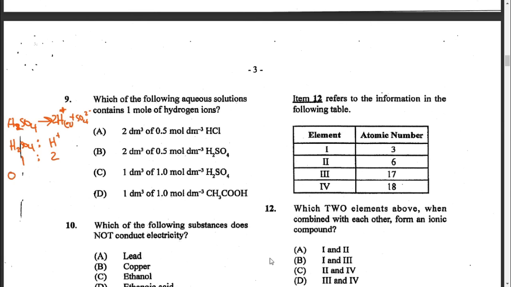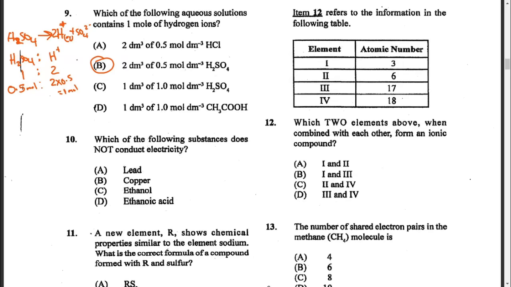So if it's 0.5 moles, then for the H+, it should be 2 times 0.5, which equals 1 mole. So the answer is B.